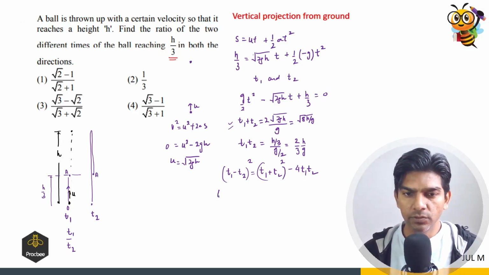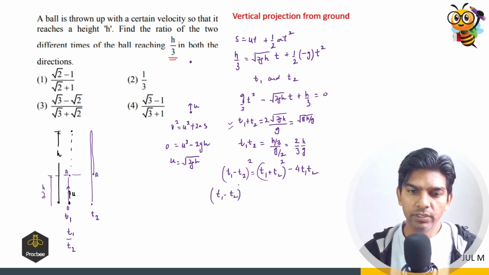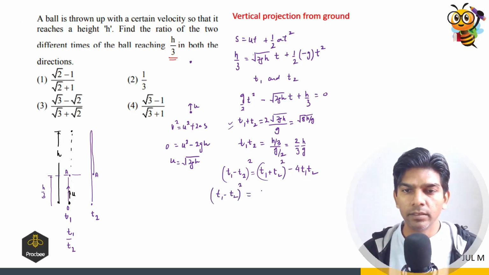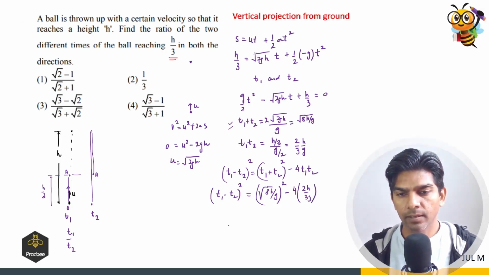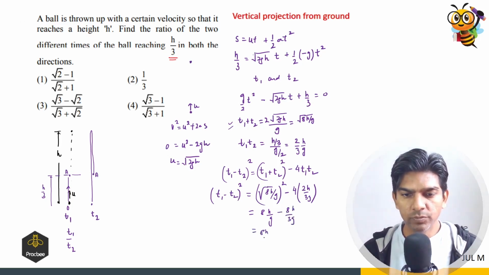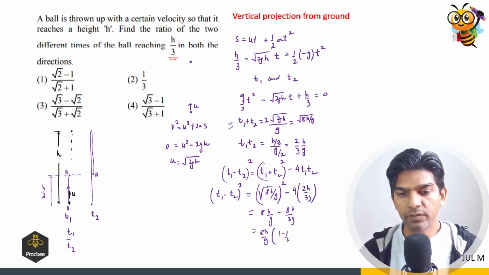So t1 minus t2 square will be root of 8 h by g square minus 4 times 2h by 3g. This can be written as 8 h by g minus 8 h by 3g. So 8 h by g will be common, and we have 1 minus 1 by 3, which is 2 by 3. So 2 by 3 times 8 h by g comes out to be 16 by 3 h by g.